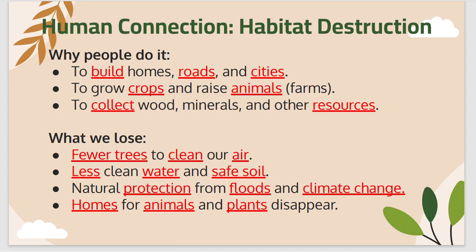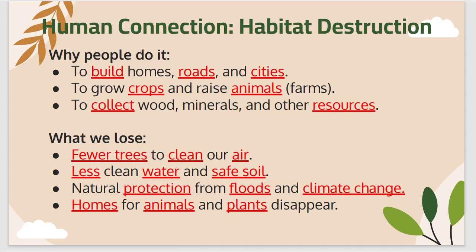Less habitats also mean less clean water and less safe soil, because these habitats have natural decomposers, natural balances to ensure that the water cycle is staying safe, everything is balanced and safe. But as we destroy the habitats, we are interfering with those balances. And then we lose natural protection from floods and climate change, and we lose homes for animals, and plants may disappear.